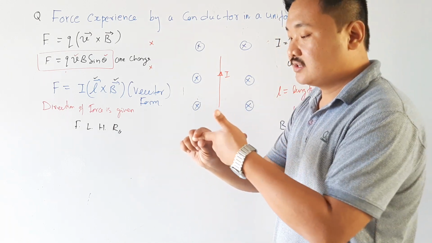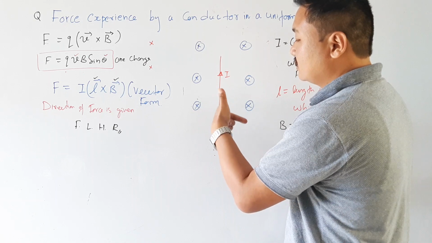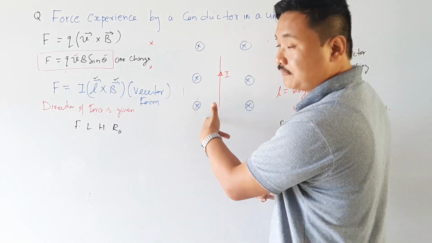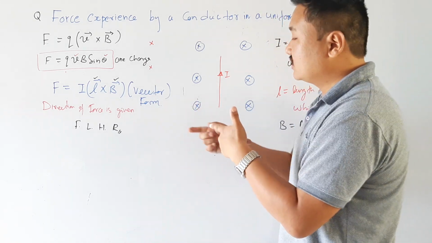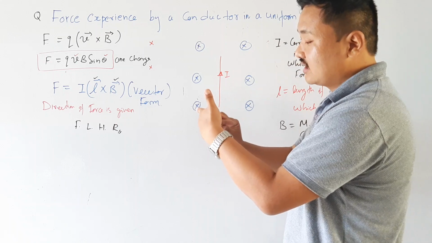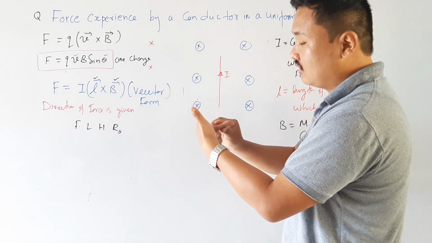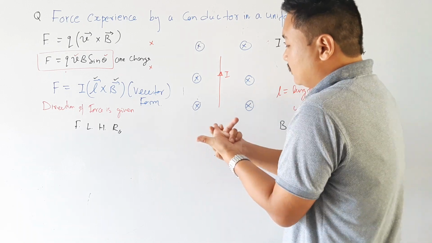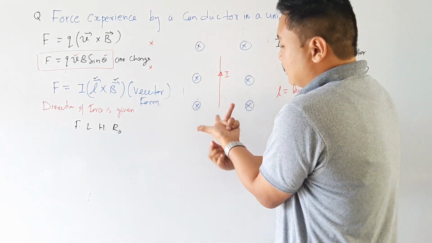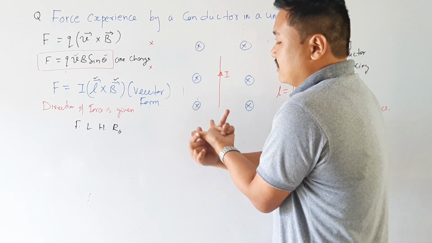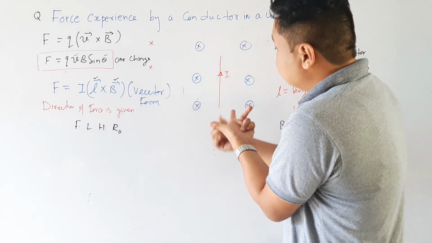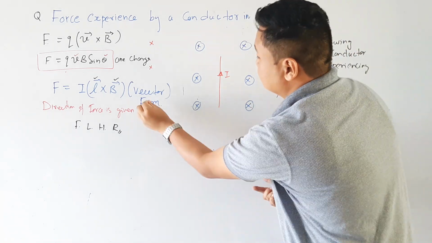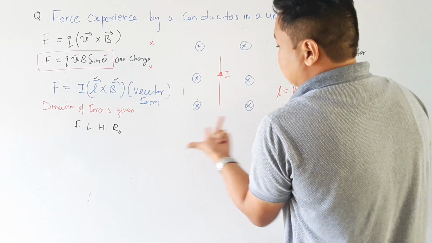The magnetic field is going inside, like this. And what is the direction of current? The direction of current should go like this. So this is the direction of magnetic field going inside, this is the direction of current, and this is the direction of force. So this conductor will move in this direction, like this.